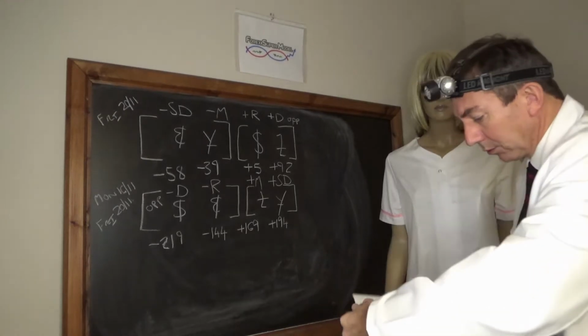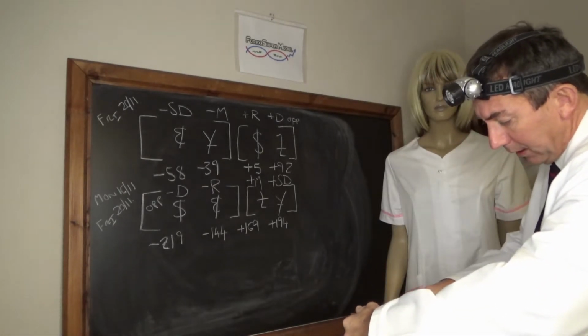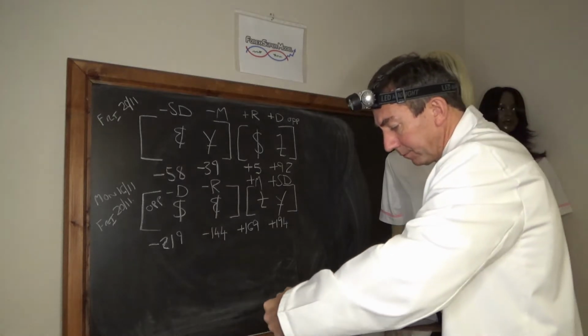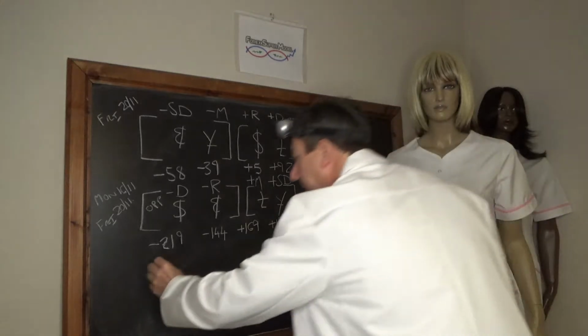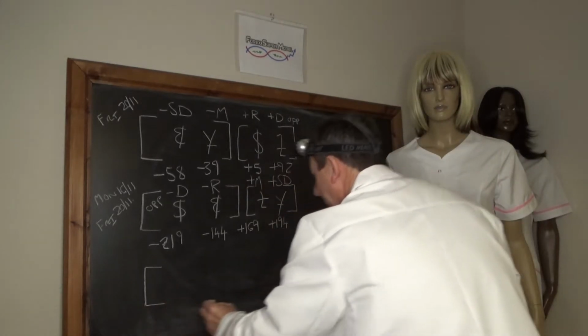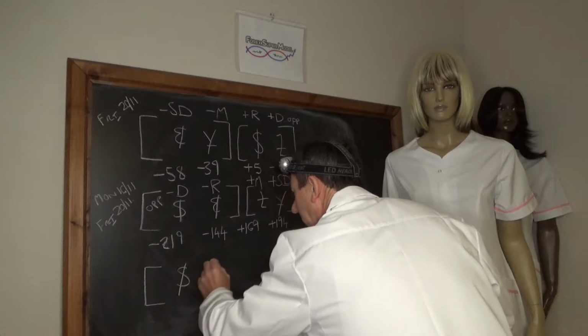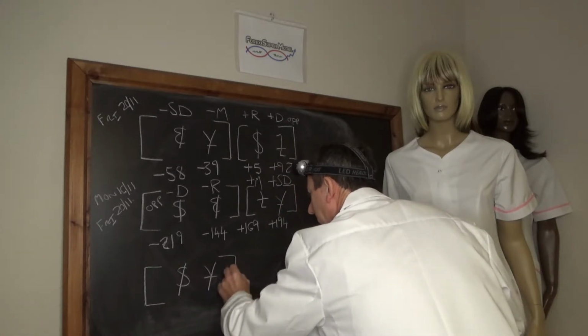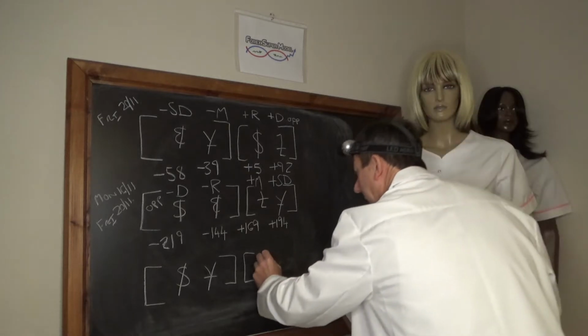Right, so that was last week, and finally, so far today, let's just get this up and then we can make some sense of it. So today we've got dollar, yen, euro, pound.